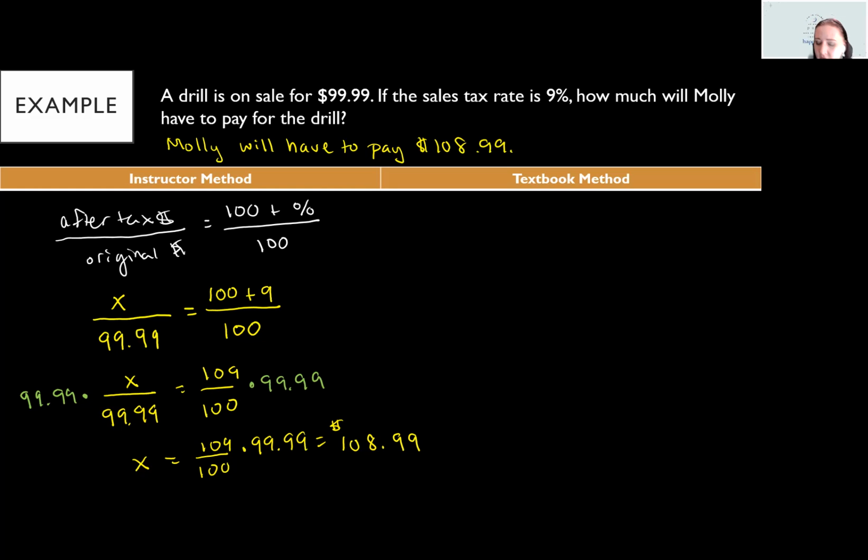I can even be more specific and say for the drill, so that I'm using most of the words there. So Molly will have to pay $108.99 for the drill. So I'm taking that answer and putting it into context, explaining what that answer means in context of the problem that we have.